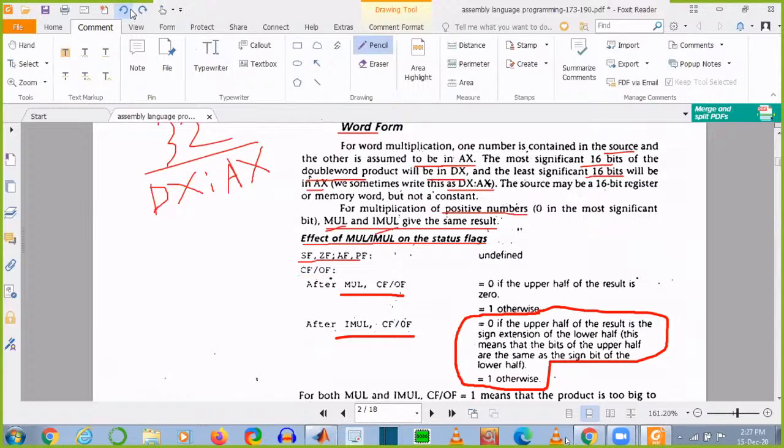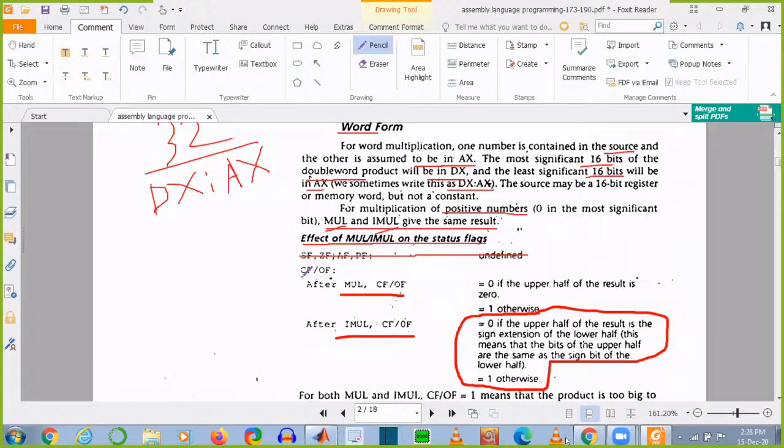Among those 6, SF, ZF, AF and PF will not be affected by the multiplication operation, whether it is signed or unsigned multiplication.